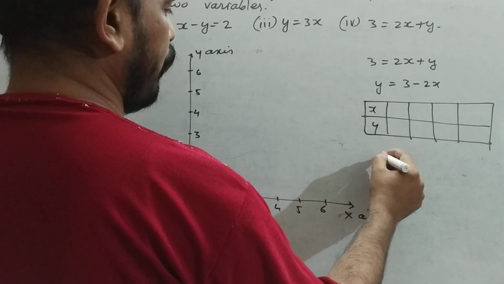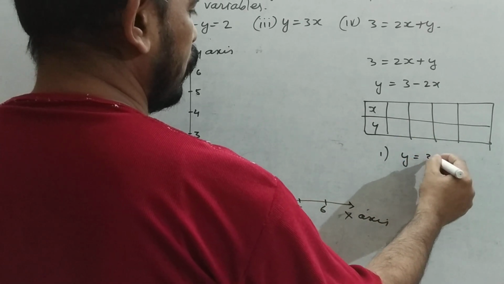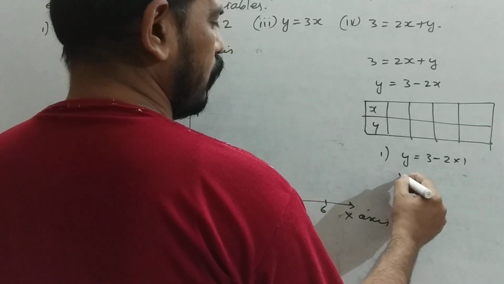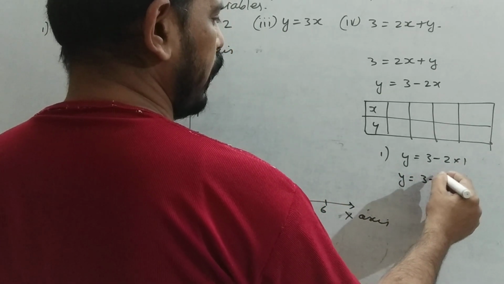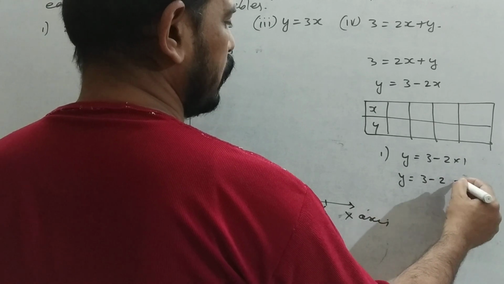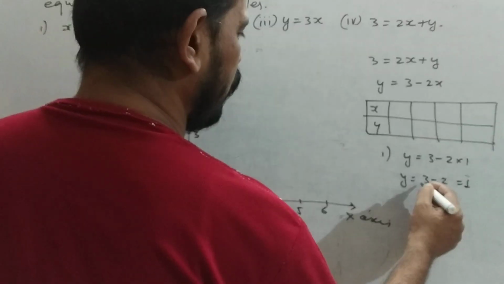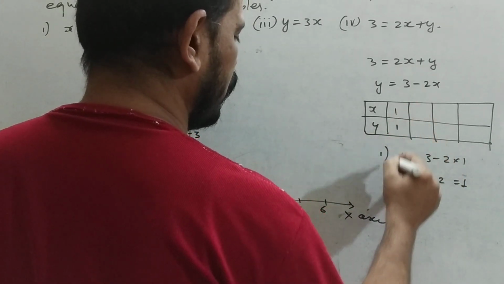If I am taking first x = 1, it will be what? y = 3 - 2 times 1. Answer is 1. If x = 1, then y is 1.